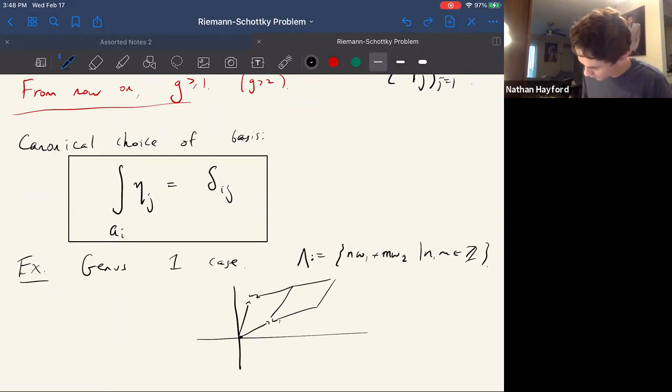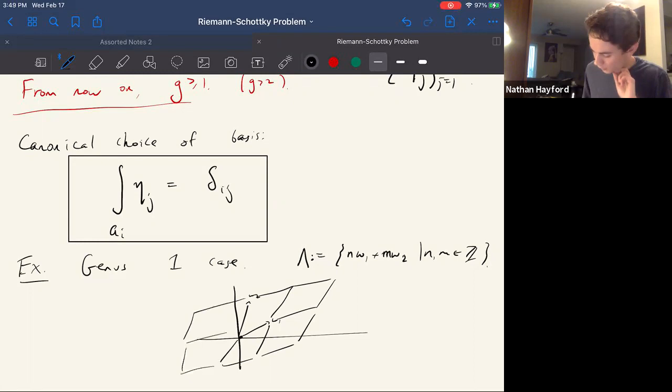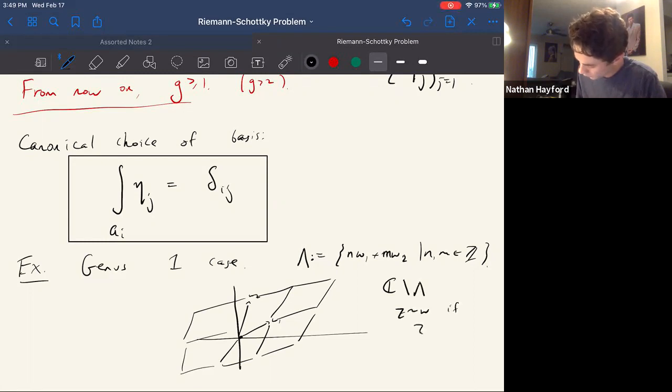So it should look like this, that, so on and so forth. I quotient the complex plane as a complex manifold and as a group by this lattice. So in other words, I identify points. z is equivalent to w if z minus w is in the lattice.